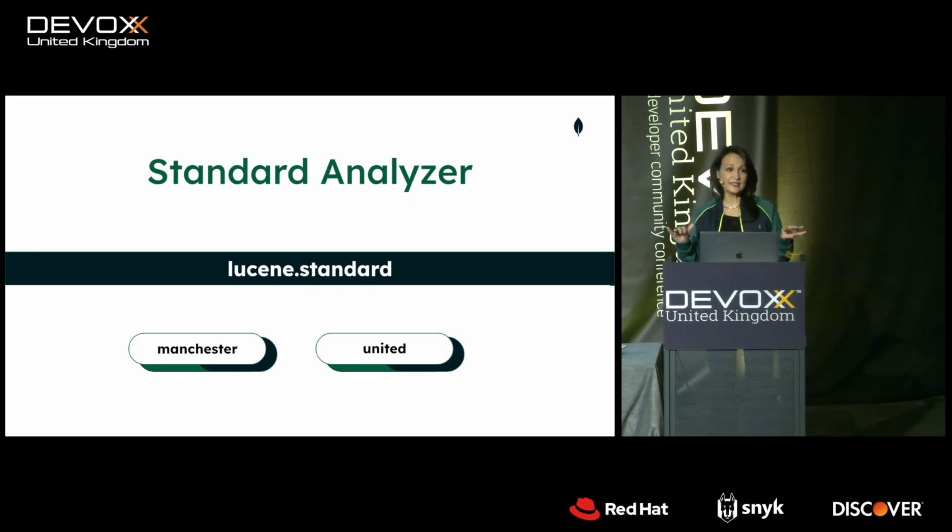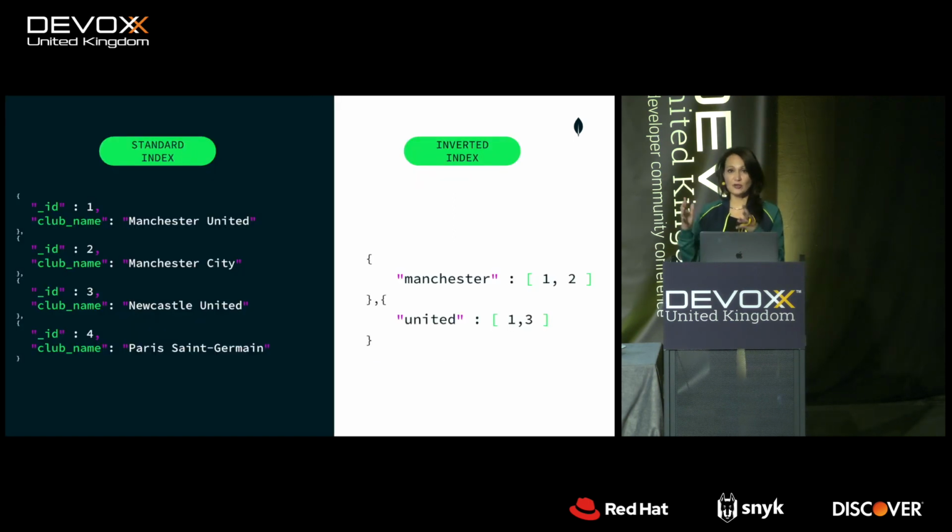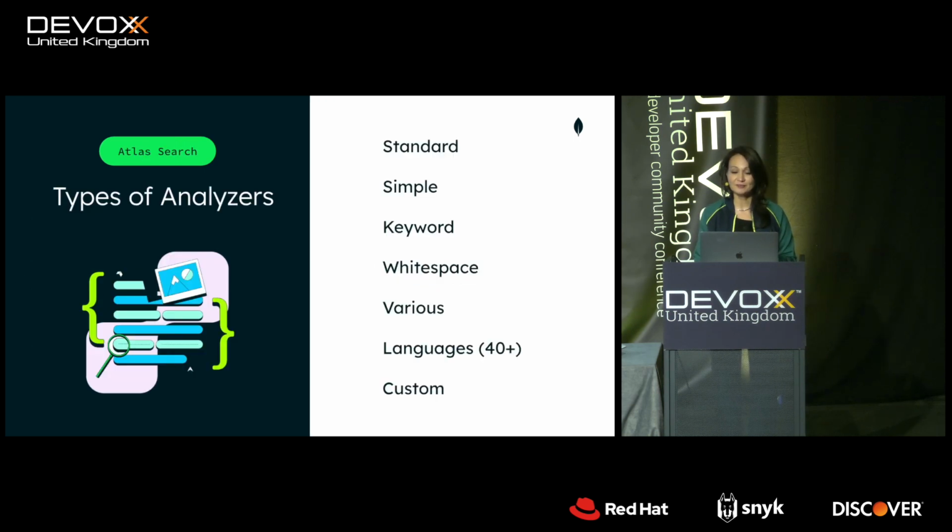It's going to lowercase everything, remove the punctuation, separate at all the non-letter characters, and it's going to leave us with these following tokens, Manchester and United. So now, if I put Manchester United in my inverted index, it's going to map back to my MongoDB documents. Manchester's in documents 1 and 2, and United's in documents 1 and 3.